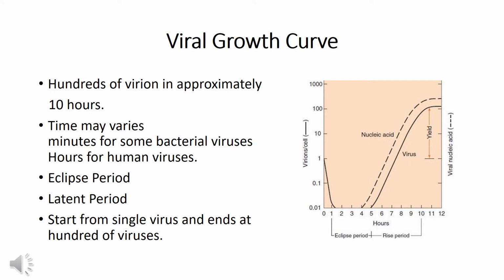It means after entry of the virion into the host cell, the whole time to the release of virus. It means 10 hours is the latent period for a virus. If the virus is going to release within 10 hours, then this period is the latent period for the virus.